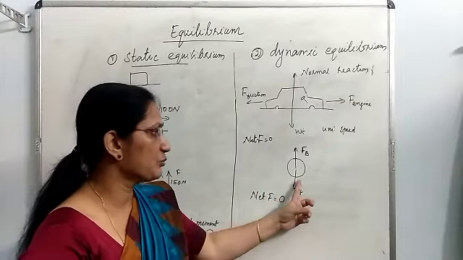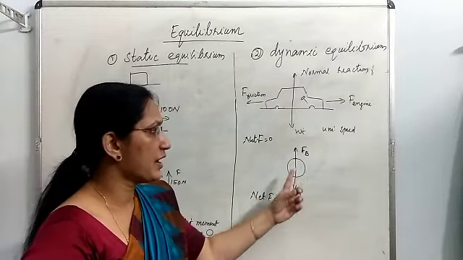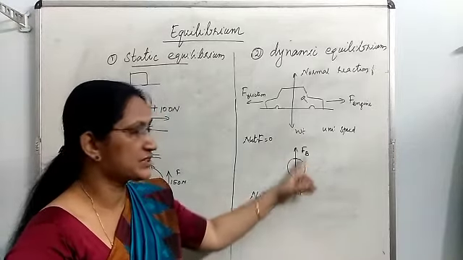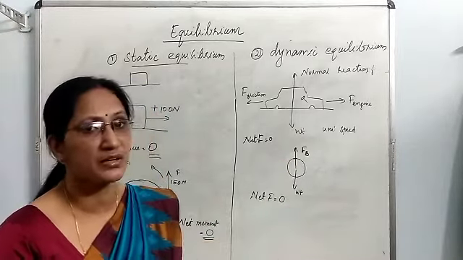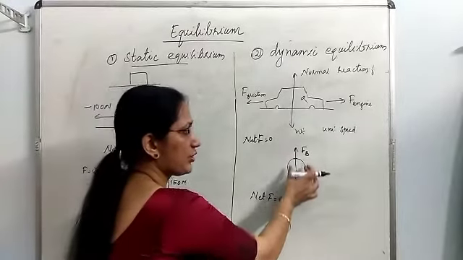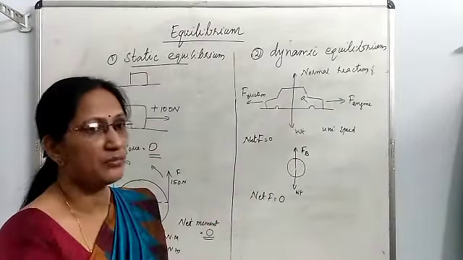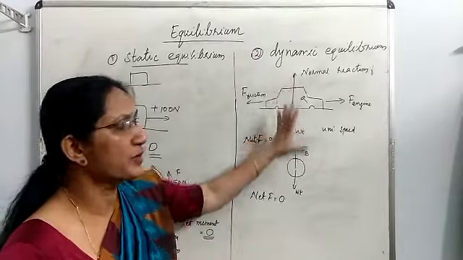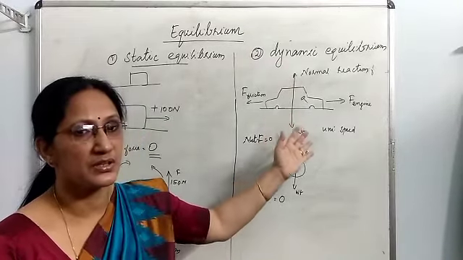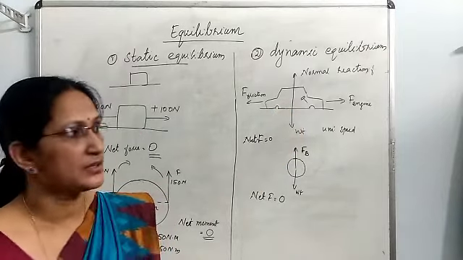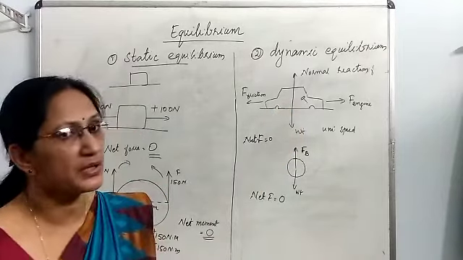When the weight of the raindrop and the buoyant force exerted by air balance each other, the net force will become 0. In that case, there will not be any acceleration. This raindrop will come down with uniform velocity. These are the examples. Moving bodies continue the motion even after a number of forces act on them. This is the definition of dynamic equilibrium.